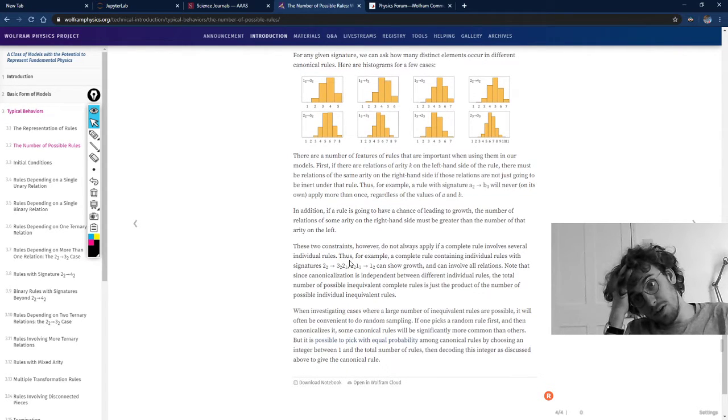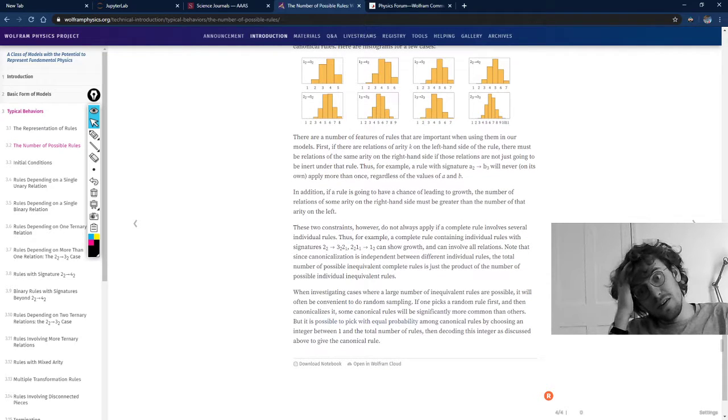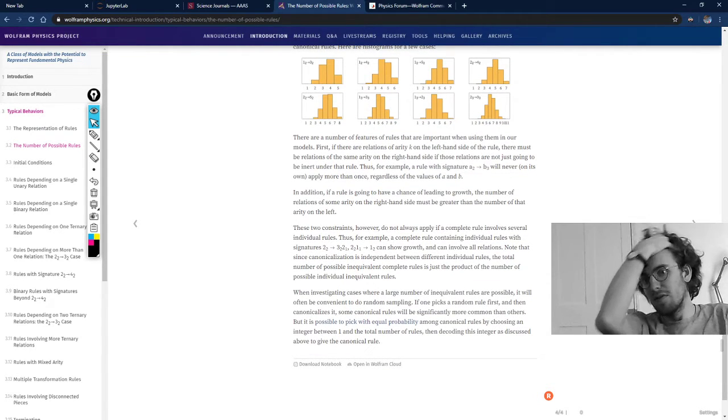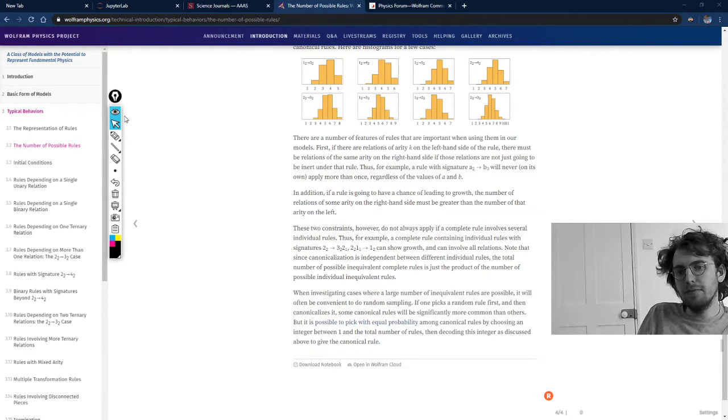We've never been introduced to this kind of rule, but we're having it now. In cases where a large number of inequivalent rules are possible, it would often be convenient to do random sampling.